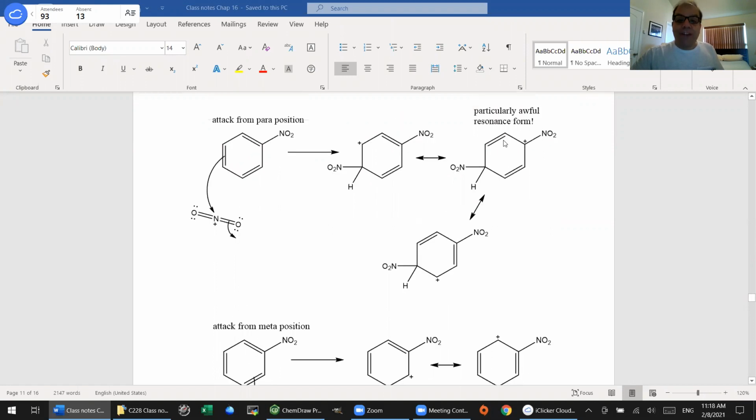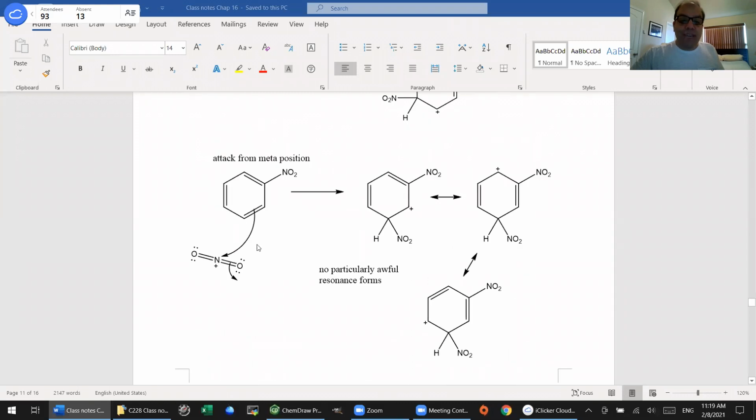Well, we get a resonance stabilized intermediate, but there's one resonance contributor that's especially bad. It's putting the plus charge right next to that electron withdrawing nitro group. So this is a very destabilized intermediate. Yes, it's resonance stabilized, but we're putting plus charge in the worst possible place to put it, right next to that electron withdrawing nitro group.